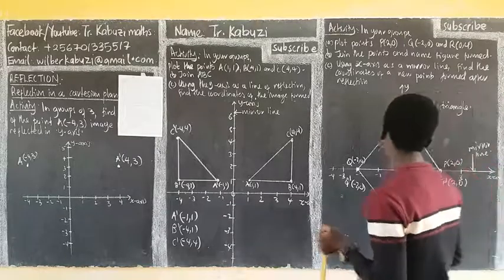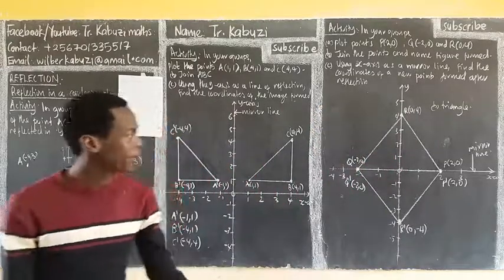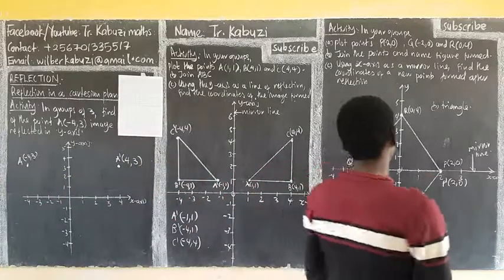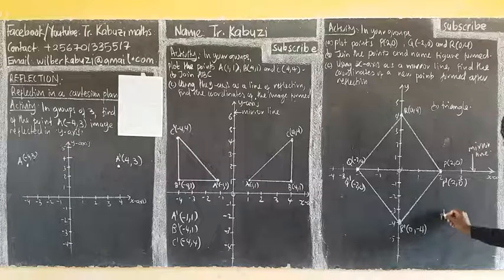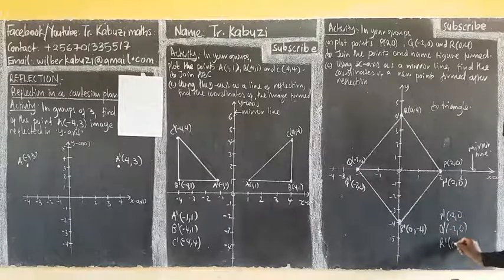Okay, so most people, when I was passing through, wouldn't realize that and they couldn't ask. So now, if we are to give our coordinates, P prime is going to be 2, 0. Q prime is going to be -2, 0. Then R prime is 0, -4.